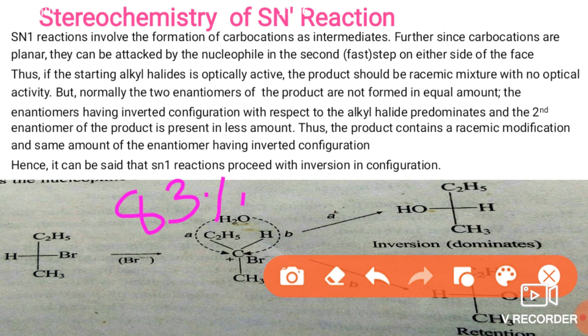Inversion of configuration is 83% because the number of inverted molecules is always more than the number of molecules having the original configuration. And retention of configuration of tertiary butyl alcohol is 17 percent.